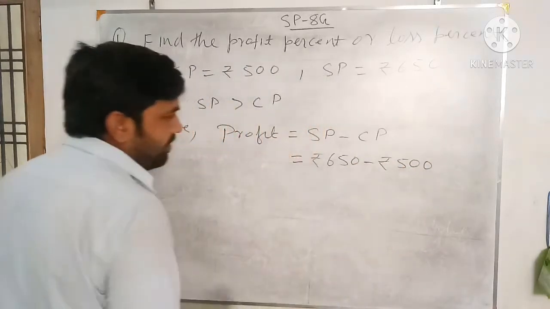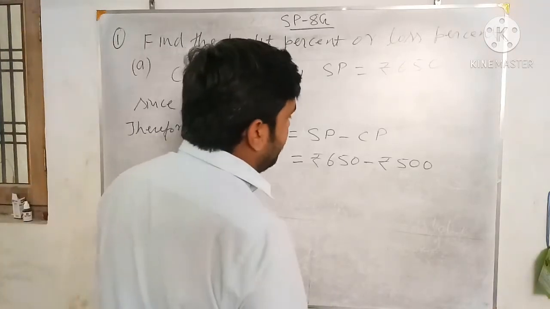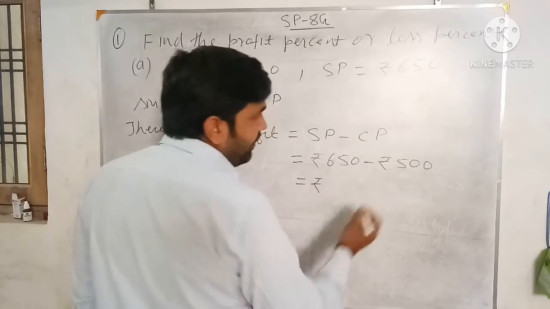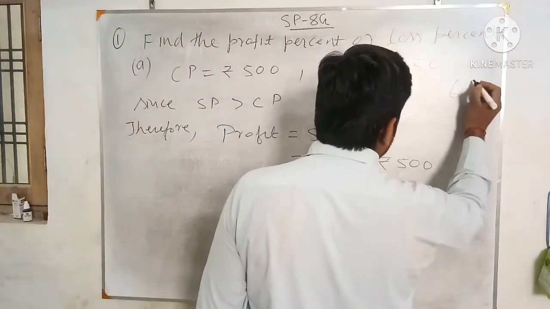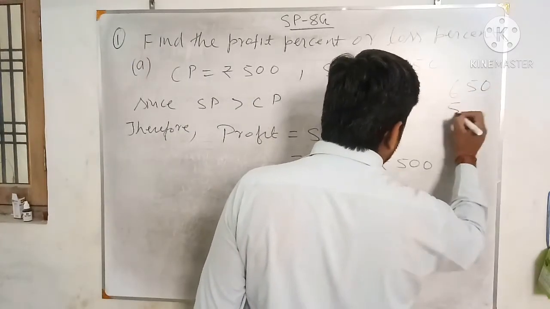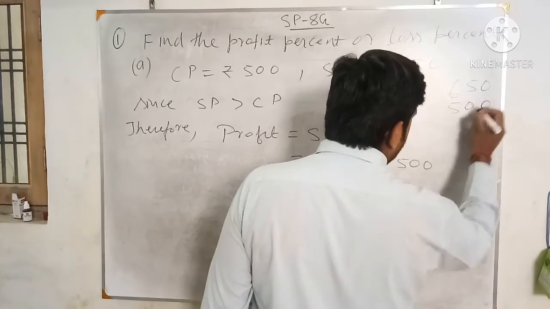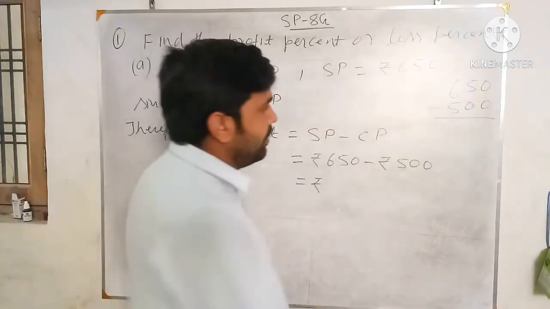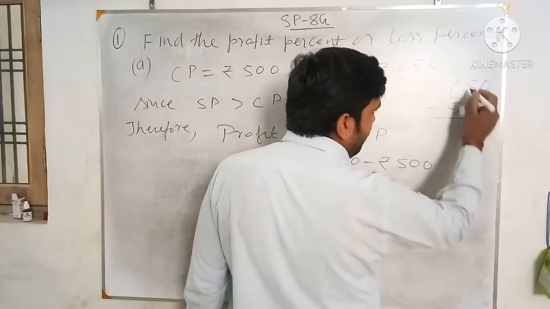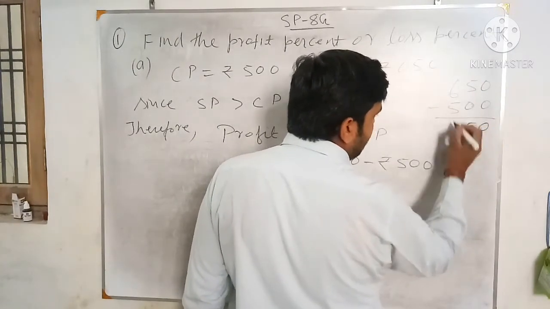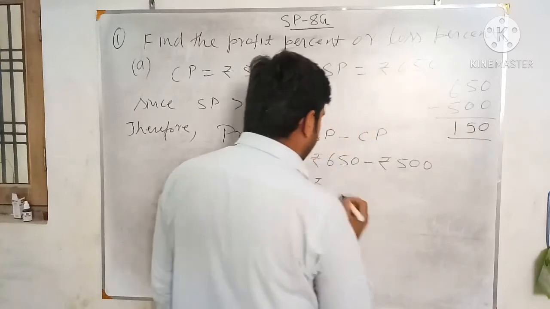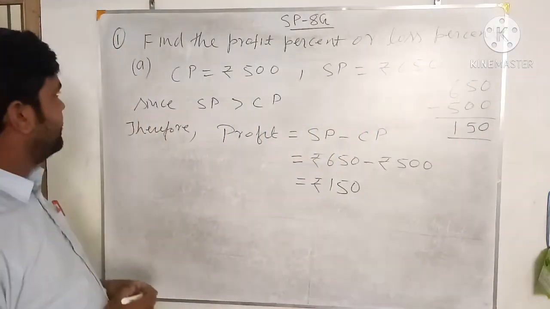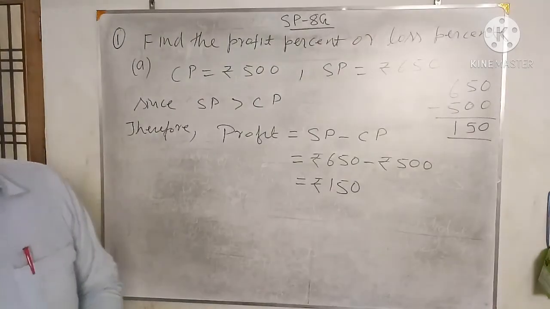Now subtract 500 from 650. 0 minus 0 gives you 0, 5 minus 0 gives you 5, 6 minus 5 gives you 1. So the profit is rupees 150. Similarly, you do the remaining questions 1B and C.